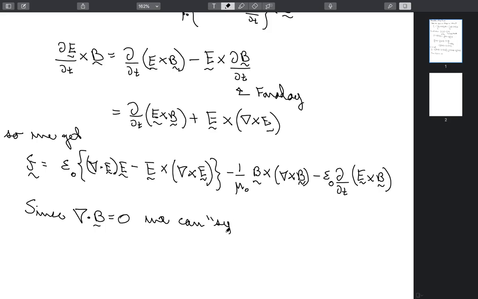So we can symmetrize this to the following form.